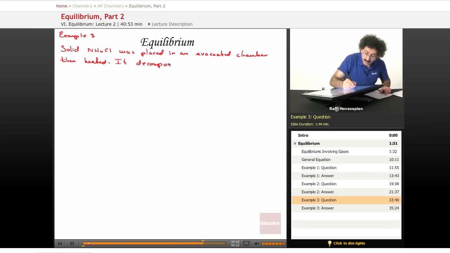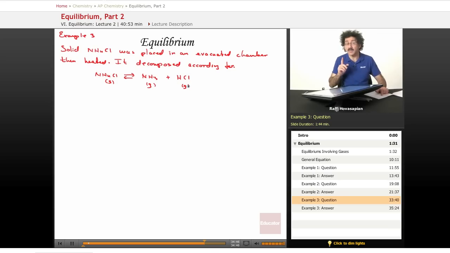It decomposed according to NH4Cl solid decomposes into ammonia, NH3 gas, plus hydrogen chloride gas. It's not hydrochloric acid, it's hydrogen chloride gas.